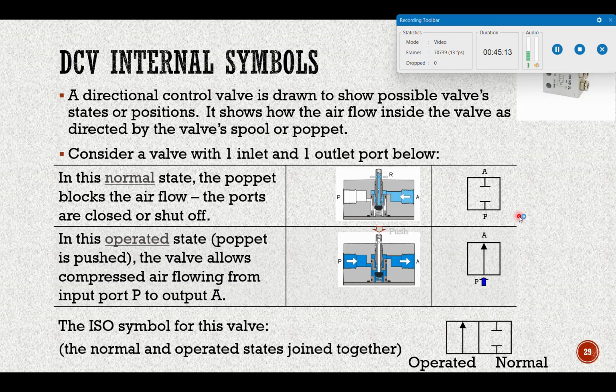When it's in the operated state, the valve allows the compressed air to flow from input port P to output port A. So this is the ISO symbol for this component. The normal and the operated state join together like this one.